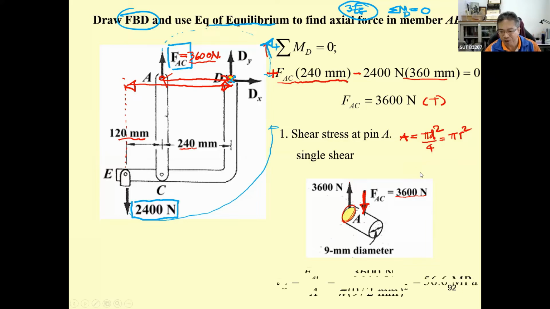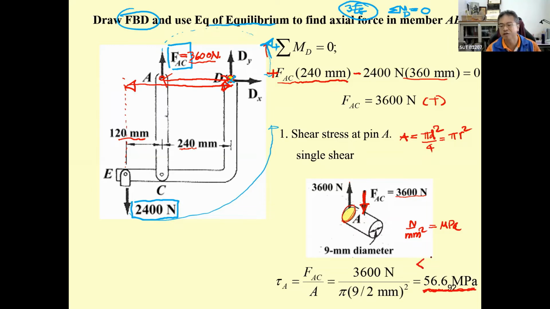Now we have tau sub A equal to 3,600 Newton over pi r squared, and Newton per square meter is going to be megapascal. So that produces the shear stress of 56.6 megapascal.